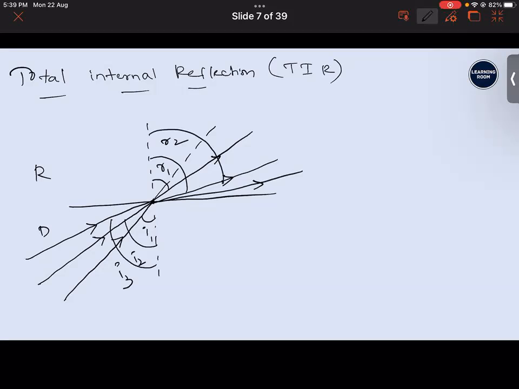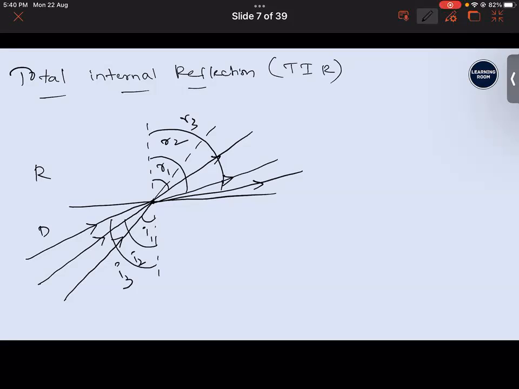What is the important point you are able to observe here? The more you keep increasing the angle, the refracted ray travels closer towards the boundary. The more you increase the angle of incidence in the denser medium, the more the refracted ray gets shifted towards the boundary.